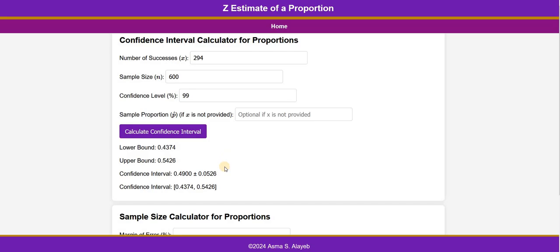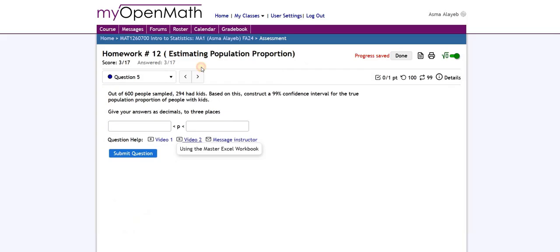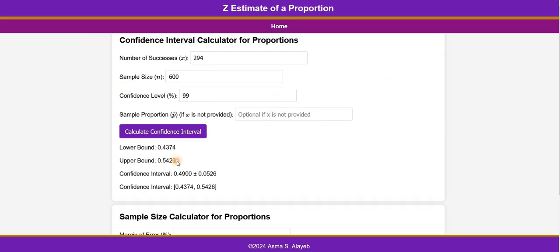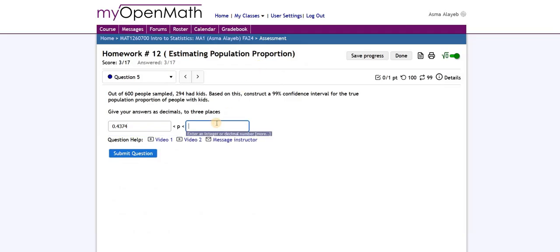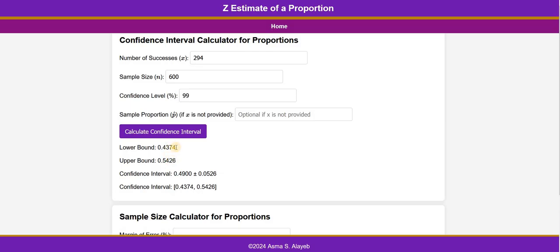So in this case, we want to compute the lower bound and the upper bound. So the lower bound is going to be this number right here. So I'm just going to copy that number and paste it in the first box. And then the upper bound is this number right here. And I'm going to paste it in the second box. Notice how we have three notations.